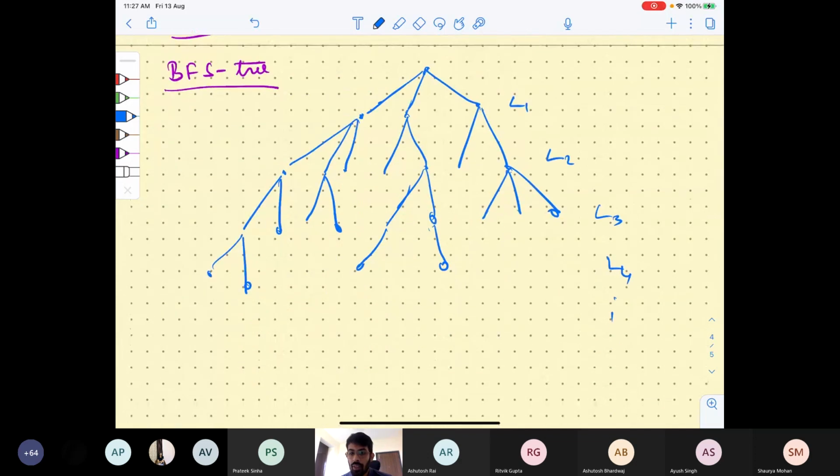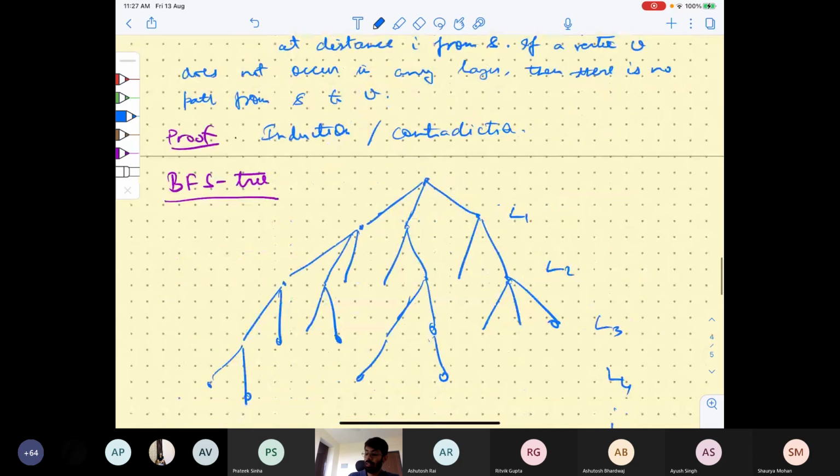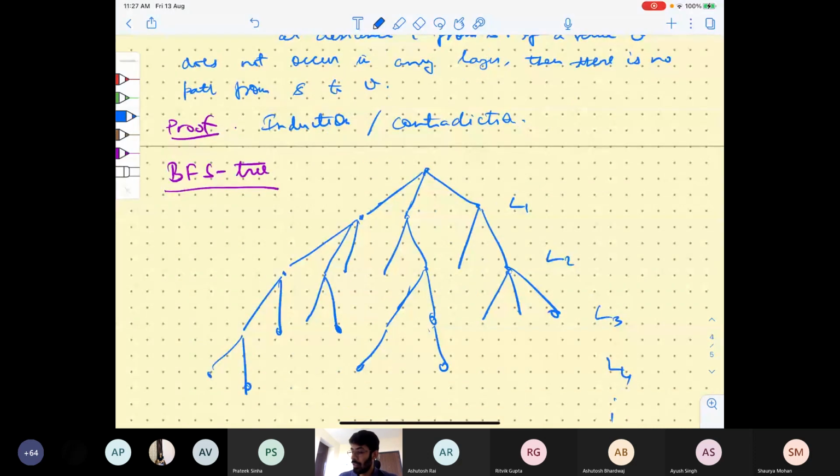All right. So now the question is, these are the edges which are being selected, but there can be other edges in the graph, right? So it might be that we started with S. These are the vertices, V1, V2, V3.